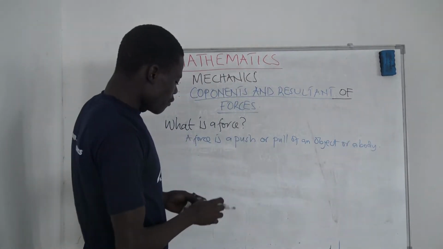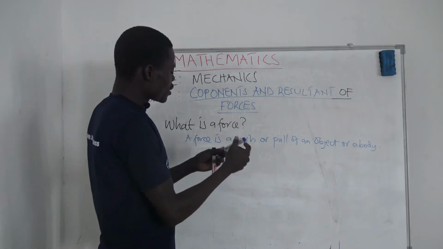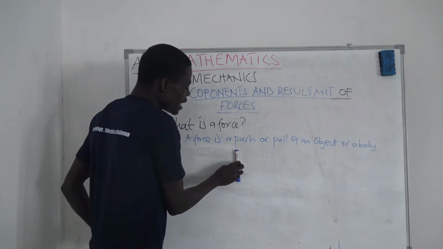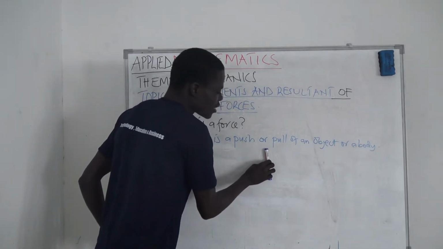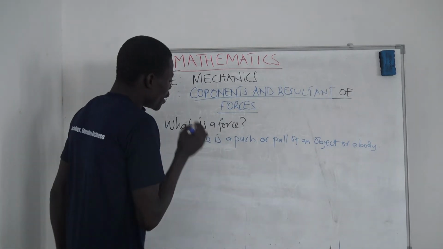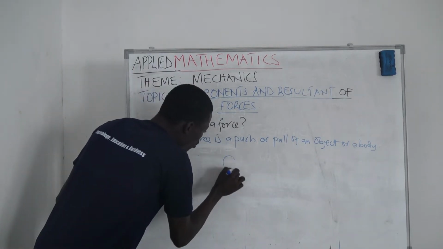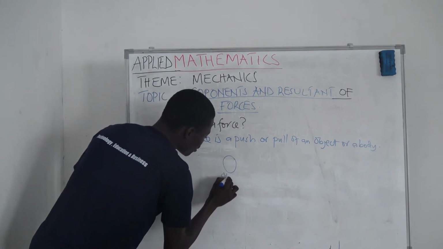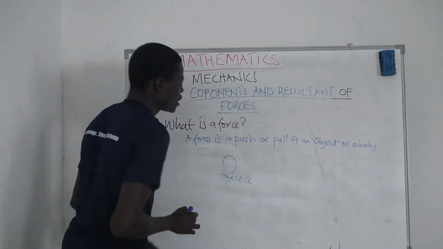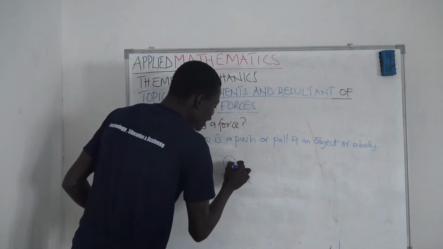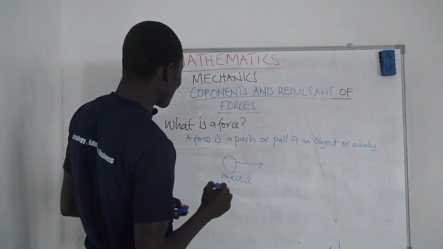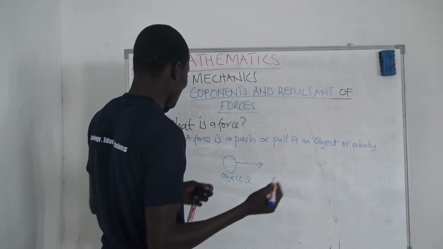That is, if I have this marker, the energy I'm using to push this marker through this distance is what we are calling a force. Now, take for example, you have this particle or this object P or object Q. You are pulling it in that direction to the right of your hand.